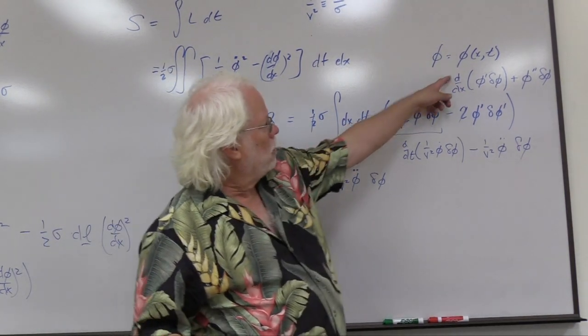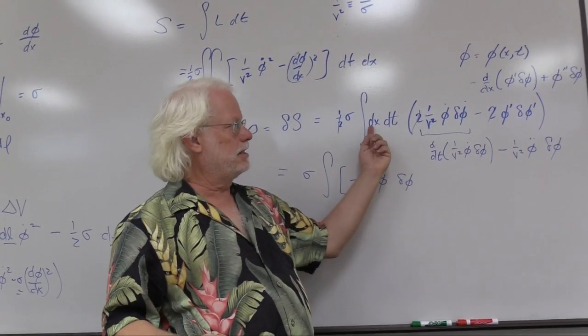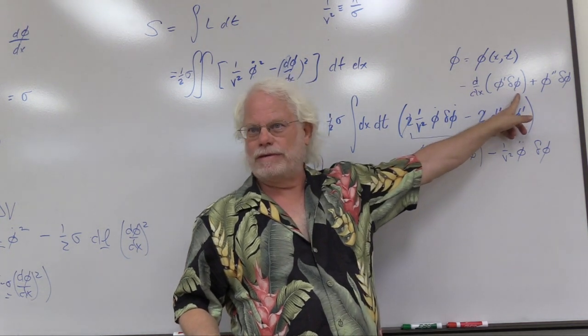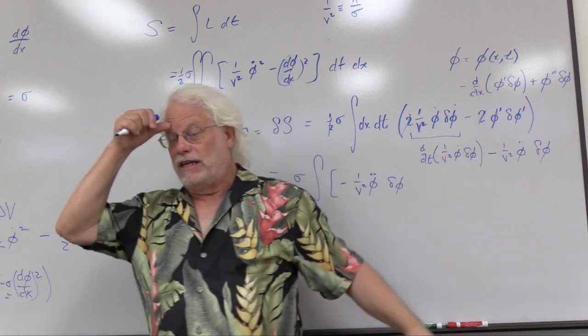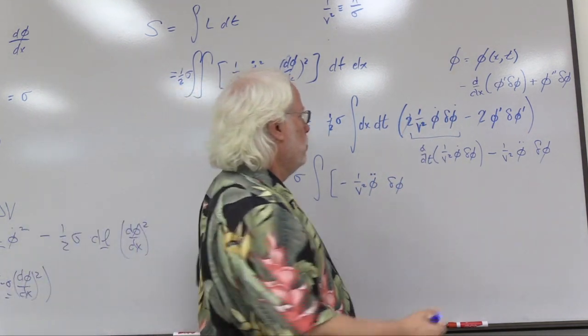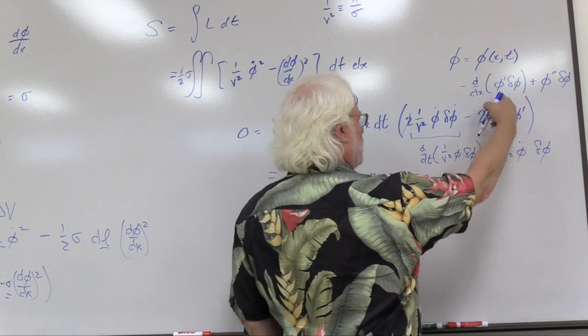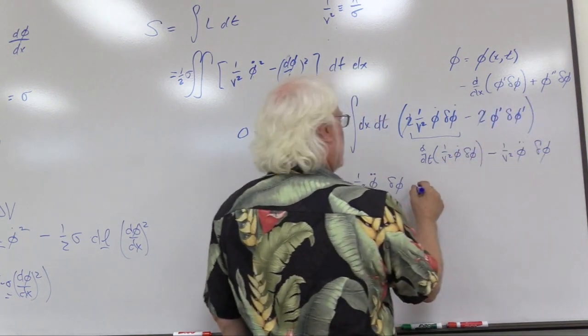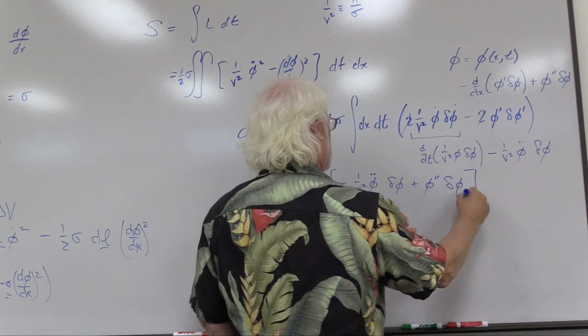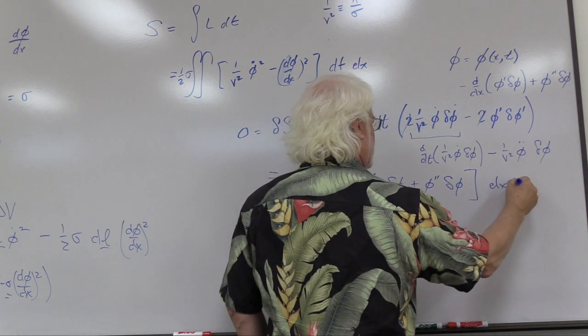And again, the total spatial derivative integrates to the surface, where again, at the spatial boundary, we require the variation to vanish. We're holding the ends of this system. So the d dx term is going to vanish, and we're left with phi double prime del phi, and we're still integrating dx dt.